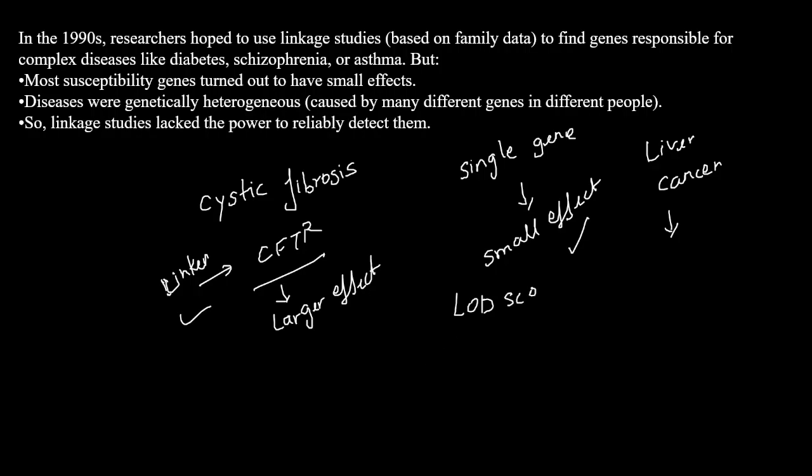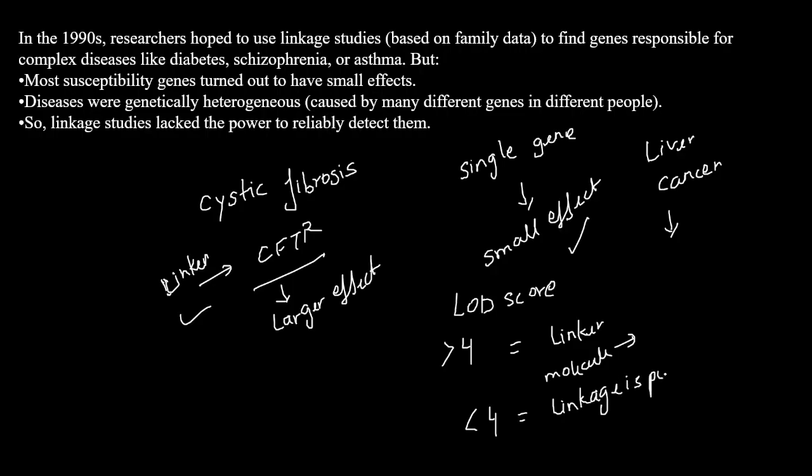As I discussed in my last lecture, whenever the LOD score is more than 4, you can say there is a linker molecule that is always linked with the particular gene causing a disease. If it is less than 4, you can say the linkage is poor. If it is more than 4, you say linkage is strong.